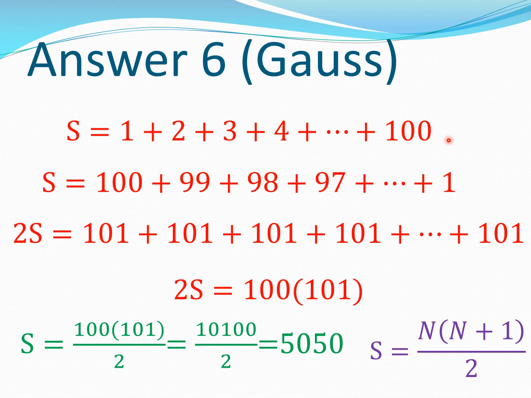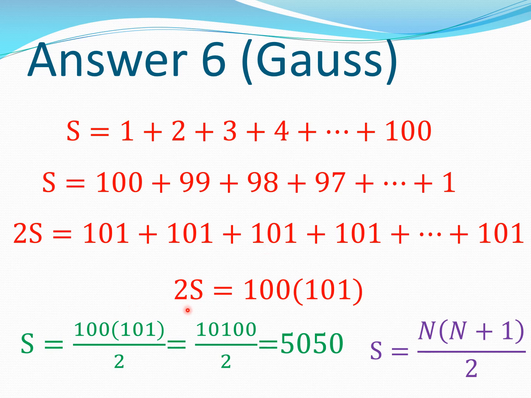It may be easy for a calculator, or a program, or for somebody to do this in an Excel spreadsheet. What Gauss did is that he simply flipped this and wrote S as 100 plus 99 plus 98 plus 97 all the way to 1, and then you simply add these two series, so you get 2S is 101 plus 101 plus 101 all the way, because you can immediately see that 1 plus 100 gives 101, 2 plus 99 gives 101, 3 plus 98 gives 101, and so on.